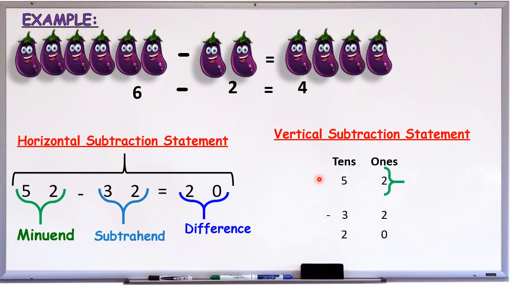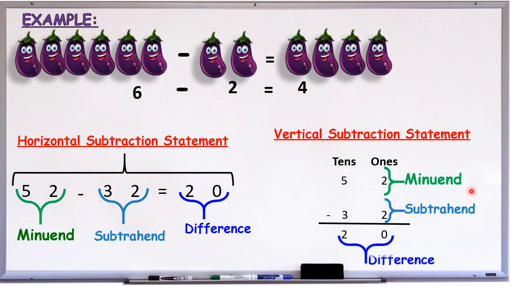Here we will be writing first minuend, and then we will be writing subtrahend, and we will subtract or minus subtrahend from minuend, and then we will be getting difference. Vertical subtraction statement we use for large numbers.